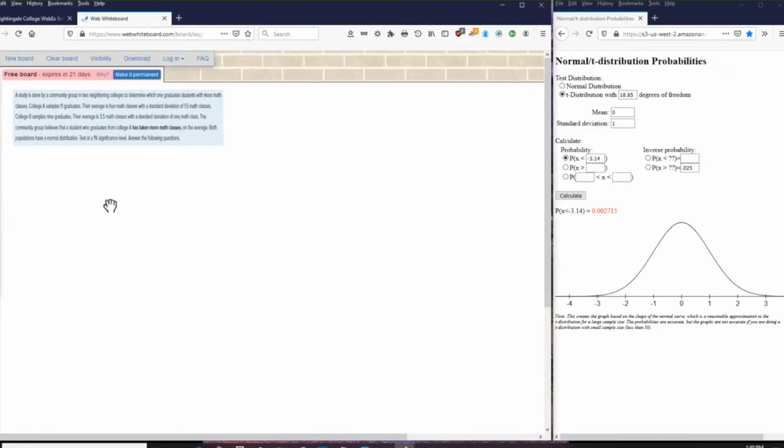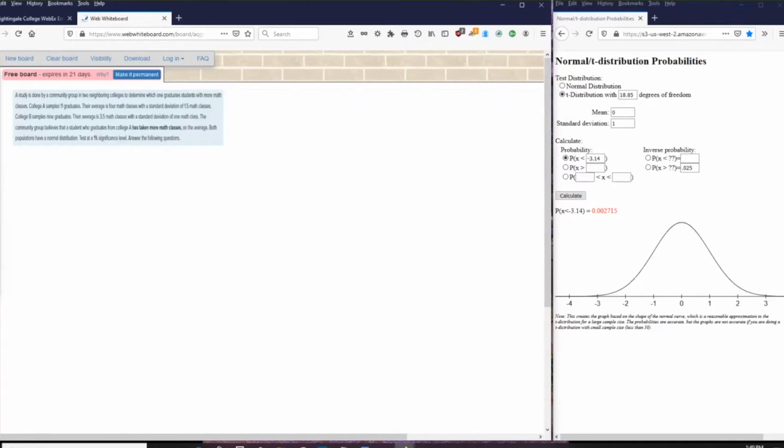College B samples 9 graduates. Their average is 3.5 math classes with a standard deviation of 1 math class. The community group believes that a student who graduates from College A has taken more math classes on the average. Both populations have a normal distribution. Test at the 1% significance level.